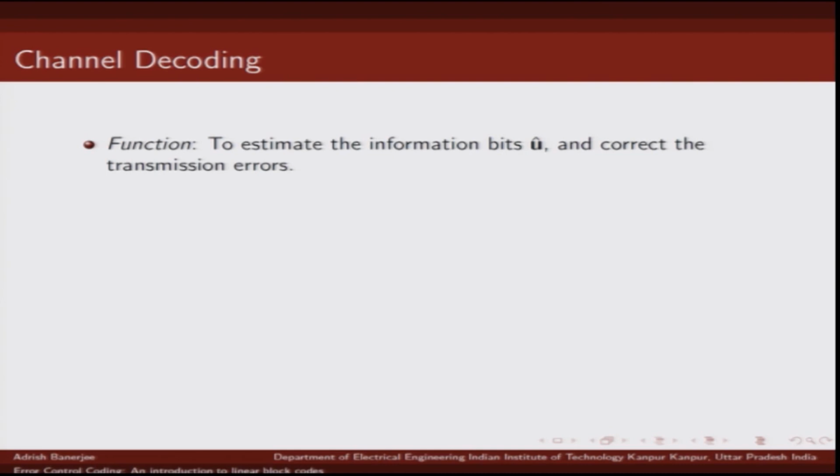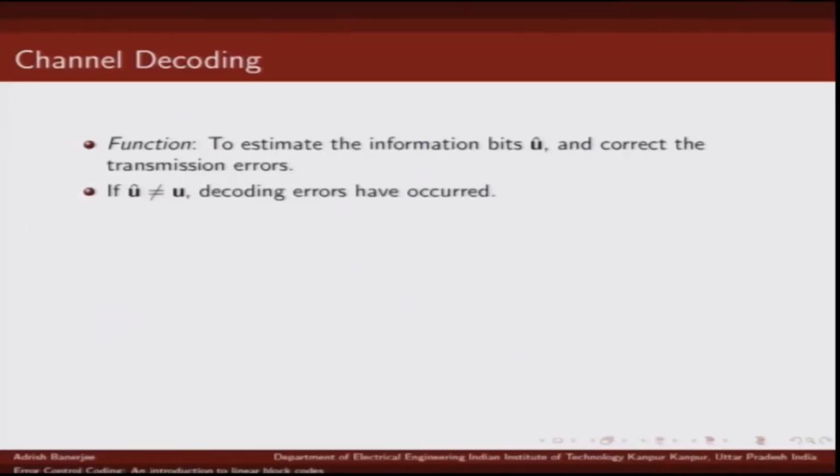As I said, the channel decoder's objective is to estimate the transmitted information sequence from the received coded sequence, and also to correct any errors caused by transmission.